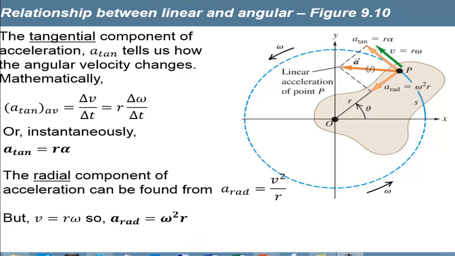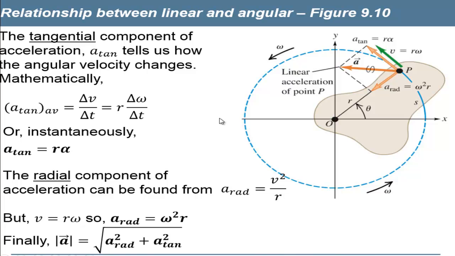And putting everything together, we have the magnitude of the acceleration of the object. It's just a vector quantity, so we're just adding vectors together the same way that we've added them for the entire semester, in which the magnitude of the acceleration is the square root of the sum of the squares of the components of the acceleration.